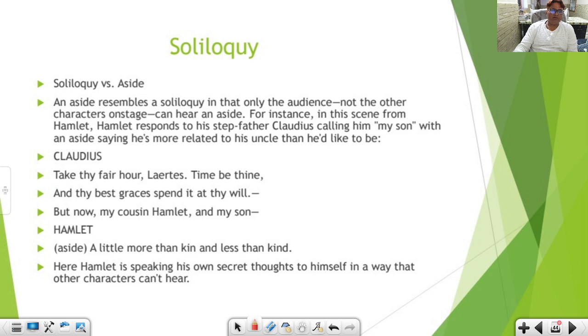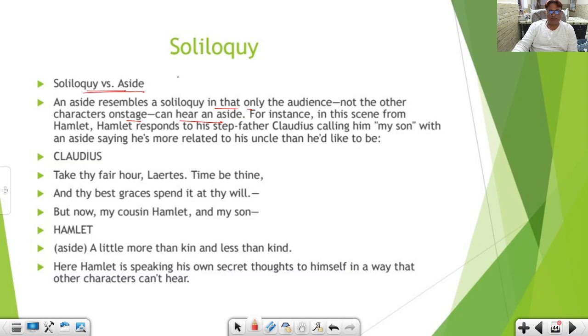Now we come to another two terms, that is soliloquy and aside. Aside resembles a soliloquy in that neither the audience nor the other characters on stage can hear this. Okay. Now there is a similarity between aside and soliloquy. Why?